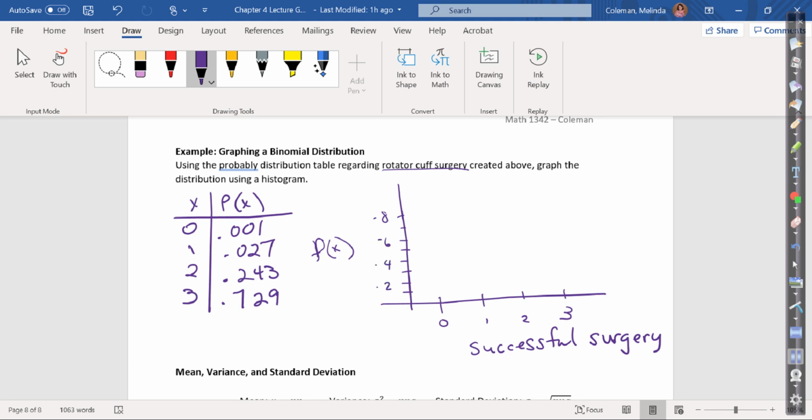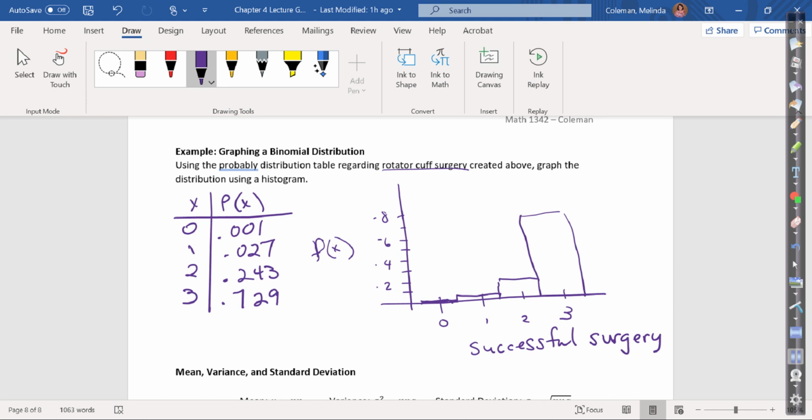Be very careful now because the beginning of this is very small. 0.001 is literally just skirting right along this tail. 0.027 is not really a whole lot more, so maybe up a little bit higher, but not a ton. 0.243 finally gets up higher to this. And then for 3 successful surgeries, we jump way up to almost 0.8.